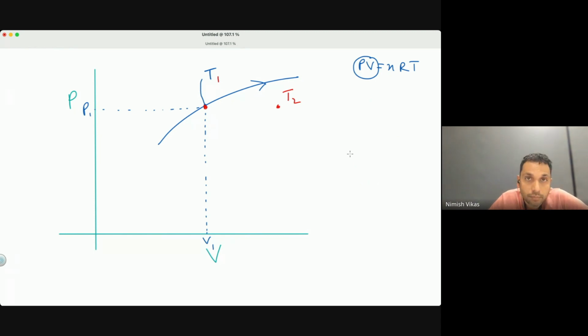Loudly. So the T2. T2 is higher. Why? Because we'll just put P into V. Pressure is same, but volume is more, right? So the PV multiplication is more over here, right?